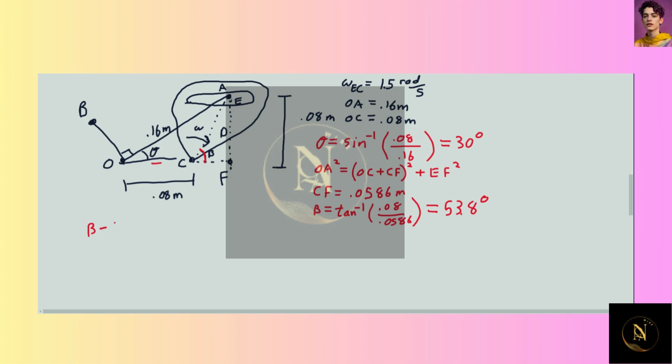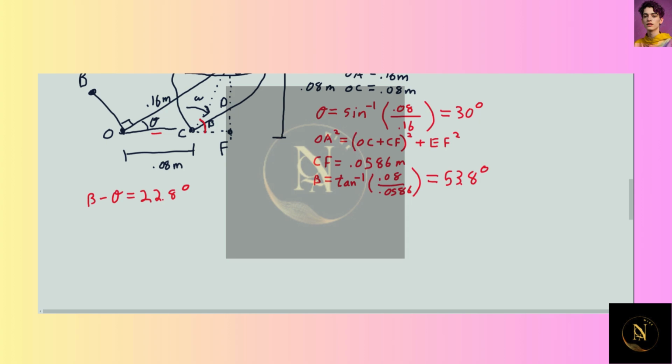So beta minus theta will just be the 53.8 minus 30, so that gives us 22.8 degrees. And we'll also need to find one more angle here.